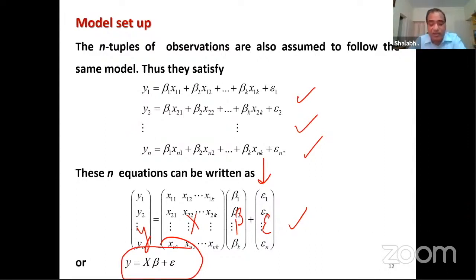So you can see here that capital X is a matrix of order n by k of all the observations on all the independent variables. Y is an n by 1 vector of all the observations on the study variable, and epsilon is an n by 1 vector of all the random error components, and so I can write down this model.